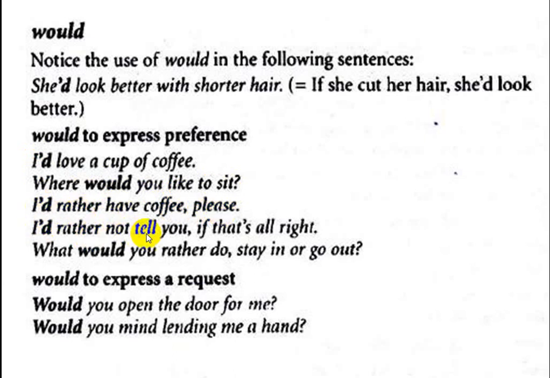I'd rather not tell you if that's all right. What would you rather do, stay in or go out? These expressions, I'd love, where would you, I'd rather, would you, all use would to express preference. Here we use the modal verb would to express preference.